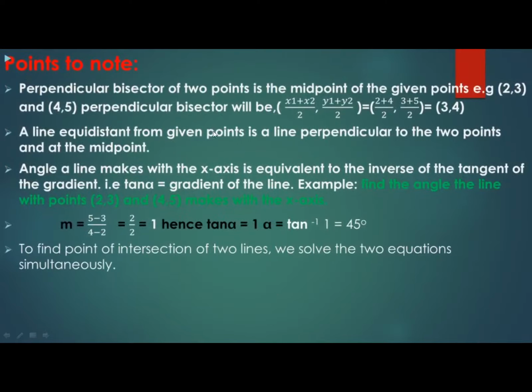Some points to note about parallel and perpendicular lines. When you hear the term perpendicular bisector of two points, it means that to know where the perpendicular bisects the line, you need to find the midpoint.